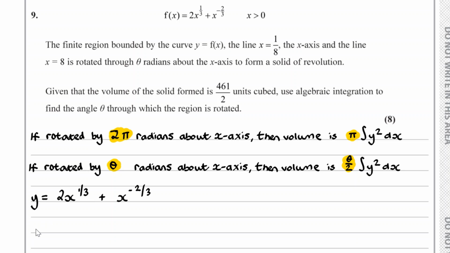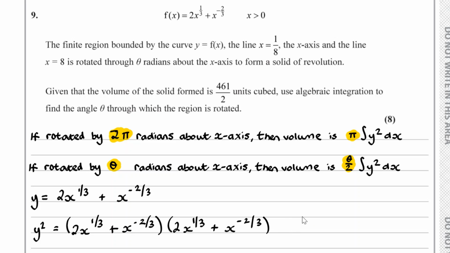And therefore, if we work out what y squared is, y squared, that's equal to 2x to the power of a third plus x to the minus 2 over 3 lots of 2x to the power of a third plus x to the power of minus 2 over 3. And if we work this out, this is equivalent to, well, 2x to the third times 2x to the third, that's 4x to the 2/3.